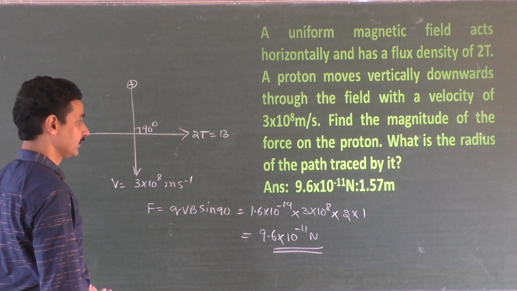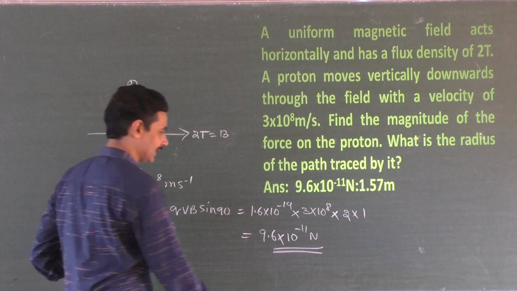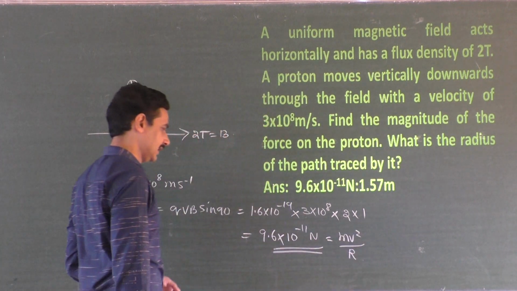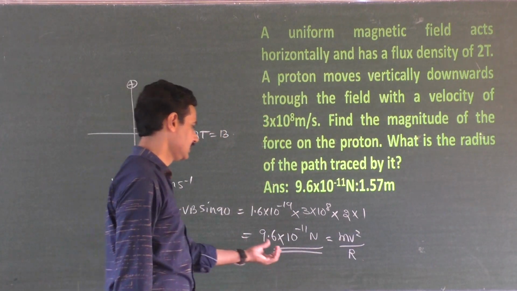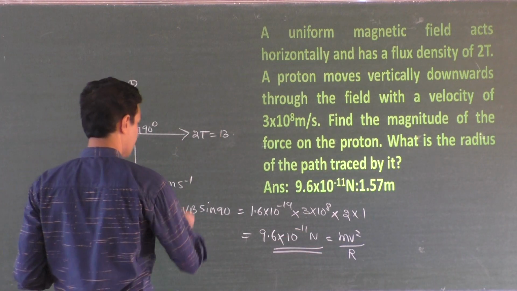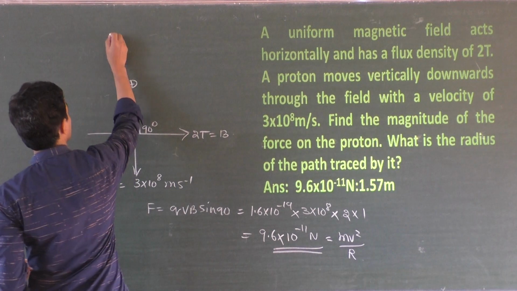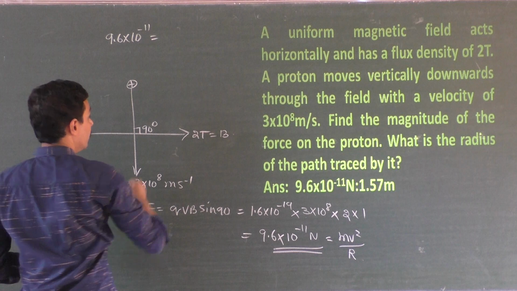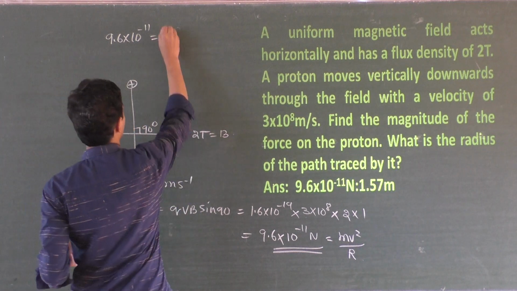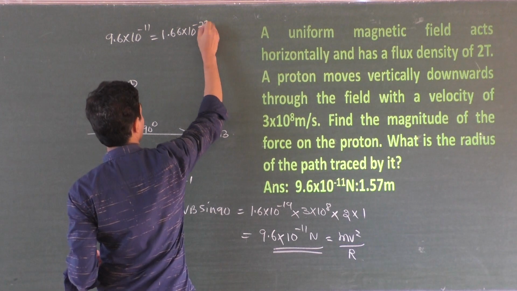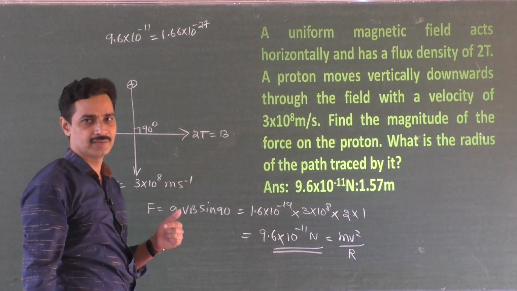Now, what is the radius of the circular path? This itself should act like the centripetal force, mv squared by r. So here only you will get the radius. Either you can equate this, or you can use the equation for radius itself. So 9.6 into 10 to the power minus 11 Newton must be equal to mass of proton, which is 1.66 into 10 to the power minus 27 kg, which is to be known by the student.